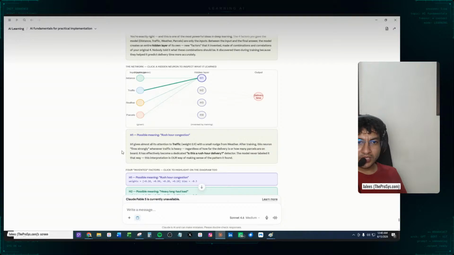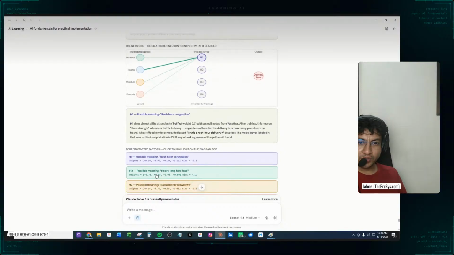After training, this neuron fires strongly whenever traffic is heavy, regardless of how far the delivery is or how many parcels are on board. It has effectively become a dedicated rush hour delivery detector. And the model never labeled it that way. This interpretation is our way of making sense of the pattern it found.